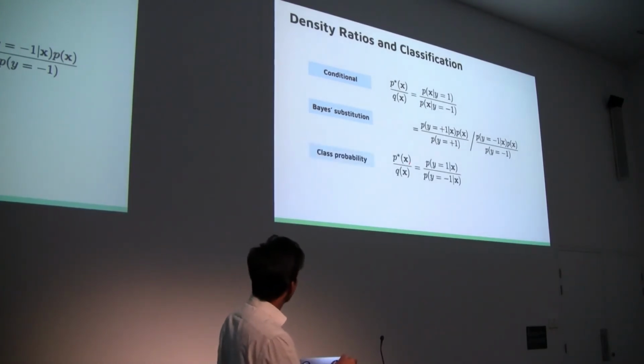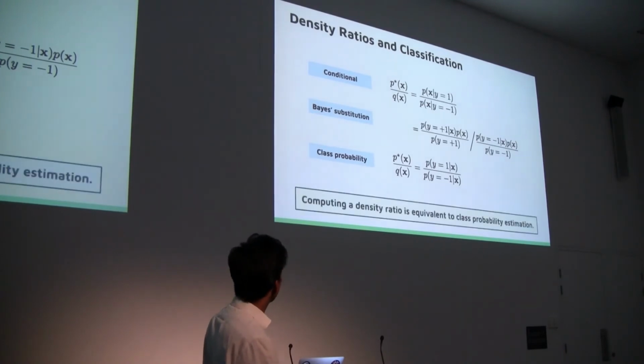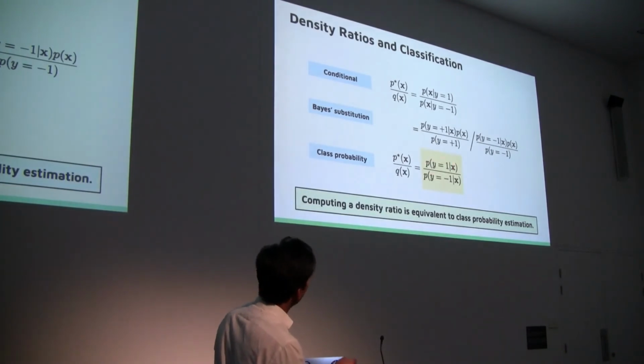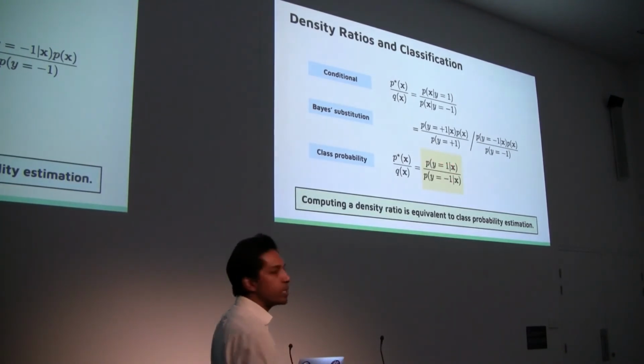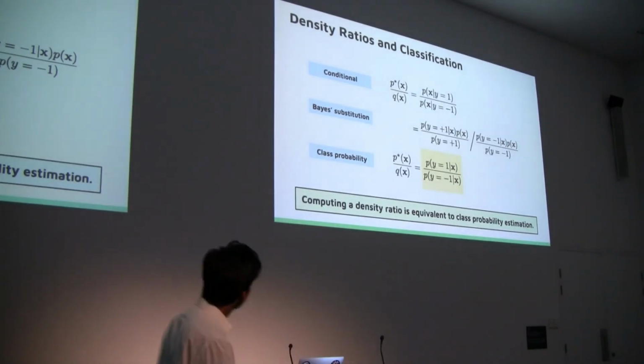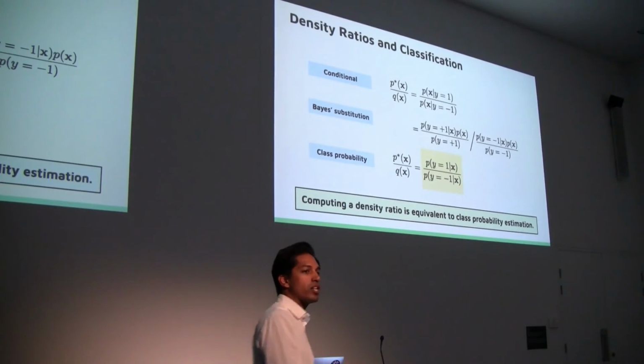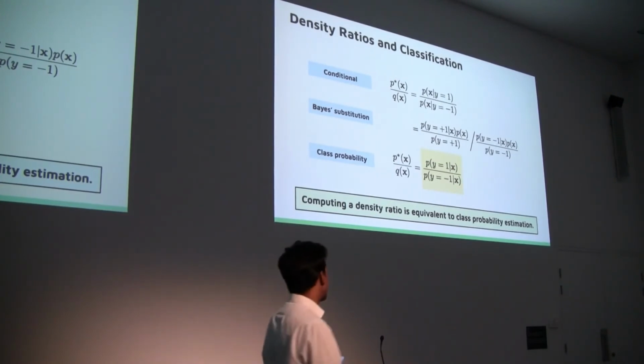And then what you'll get is that effectively this density ratio is equal to the ratio of two conditional distributions. What this says is that if you wanted to compute the density ratio, all you need to do is build a classifier that helps you distinguish between samples from the real data versus samples from my model. So this is how you do density ratio estimation by classification. There are several other ways of doing this.